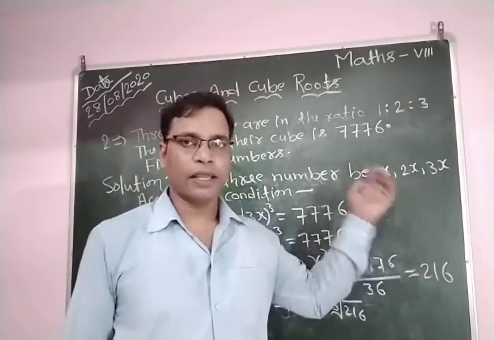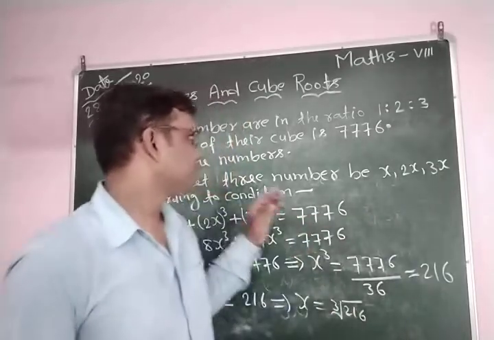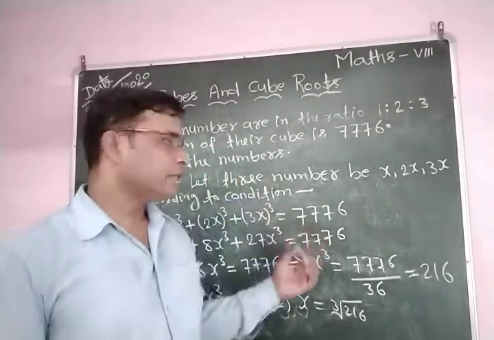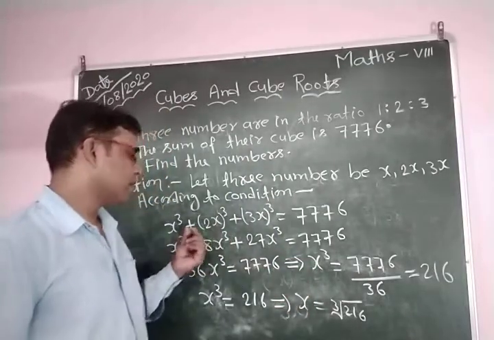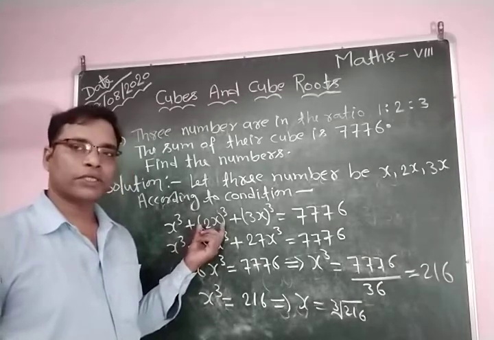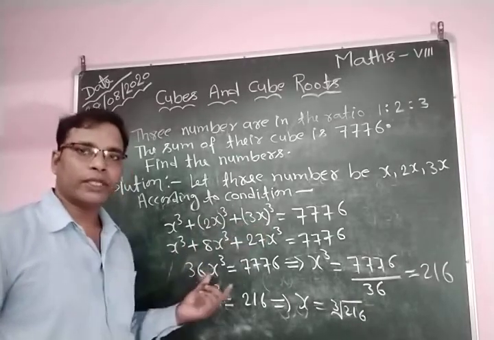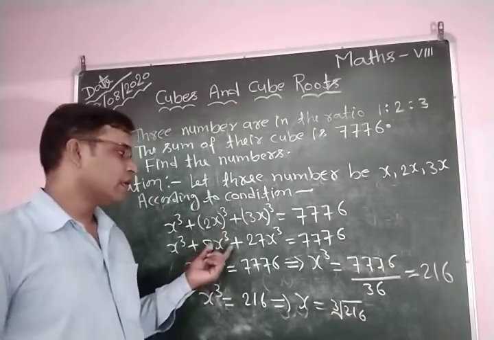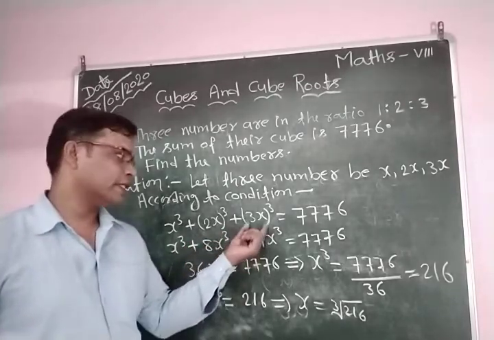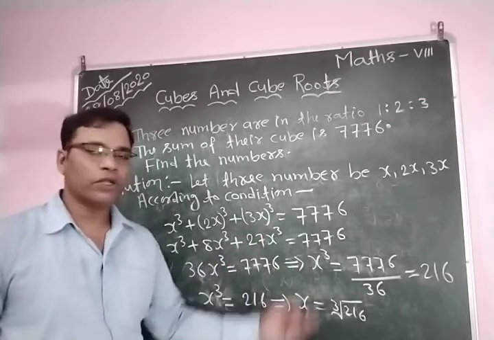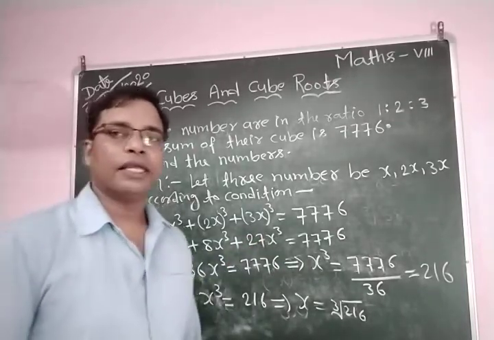After this we find the sum of their cubes: 1x cube plus 2x cube plus 3x cube. 1x cube means x cube, 2x cube means 8x cube, and 3x cube is 27 into x cube, and this is equal to 7776.